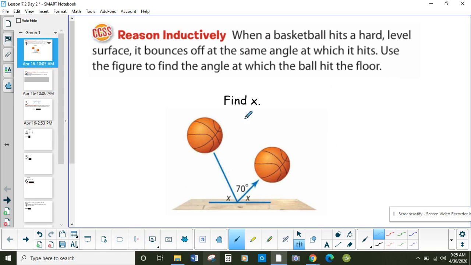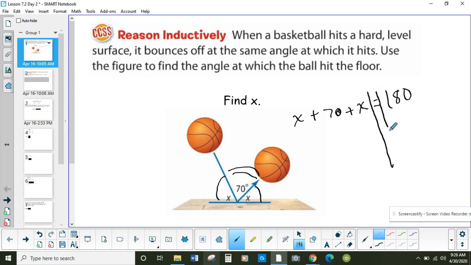So whatever this angle is right here, and this 70-degree angle right here, and this other angle, notice it has to be the same because it says X. And if there's an X here and an X here and they're the same exact letter, they have to be the same number also. So those three together will make a straight line or add up to 180 degrees.